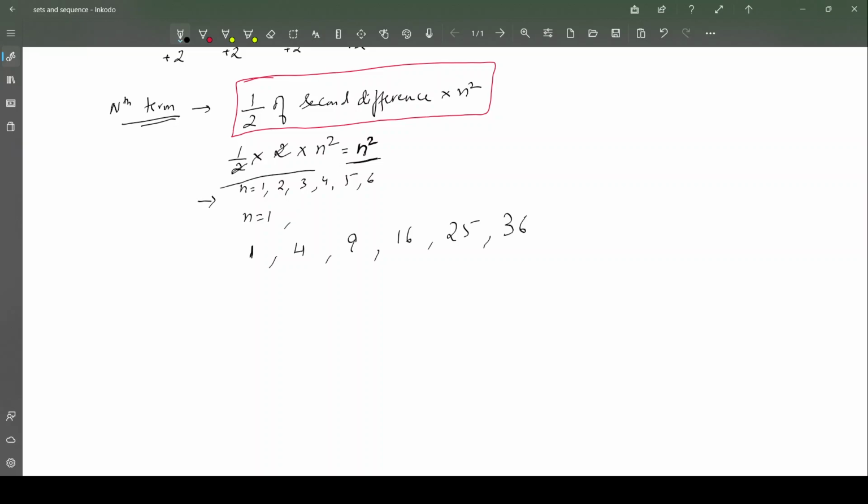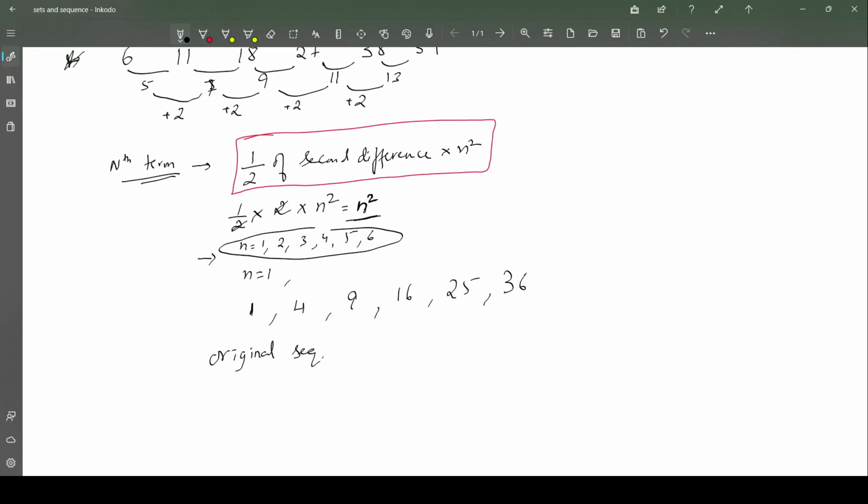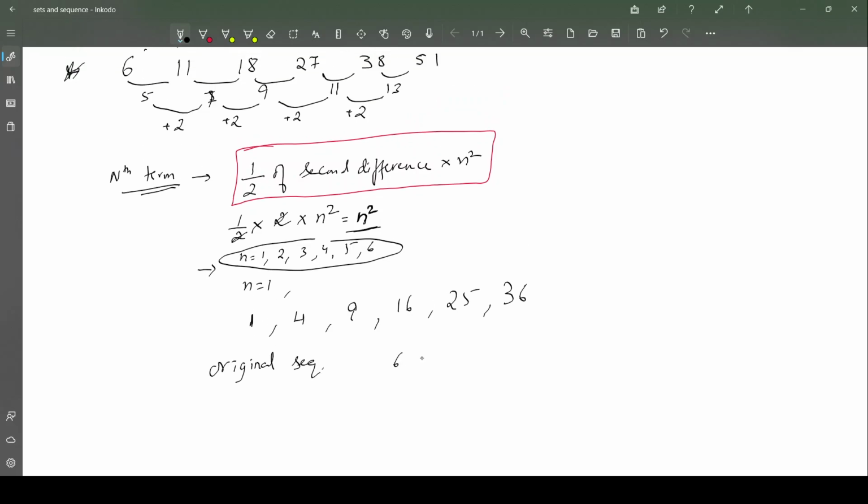Once you get these values 1, 4, 9, 16, 25 by putting n as 1, 2, 3, 4, 5 and 6, you have to write the original sequence. What is the original sequence? The original sequence is 6, 11, 18, 27, 38 and 51.